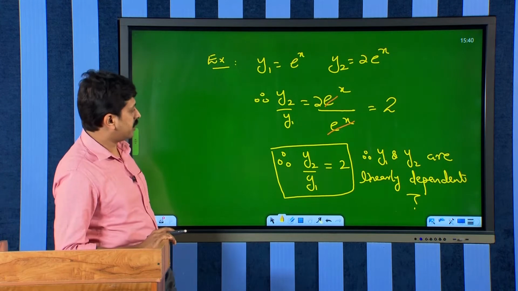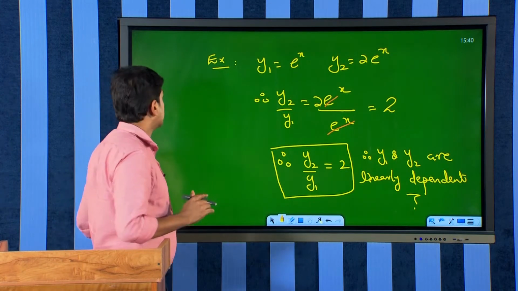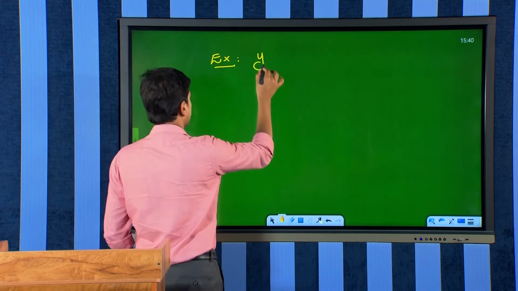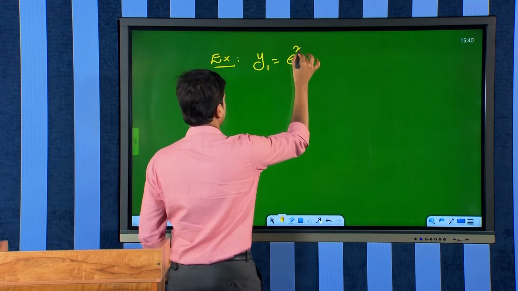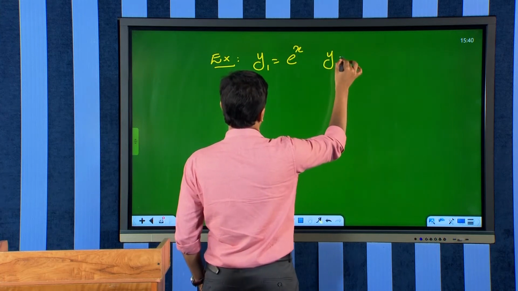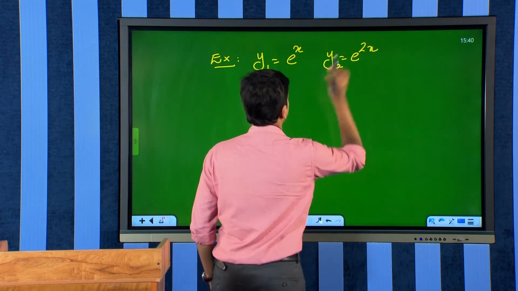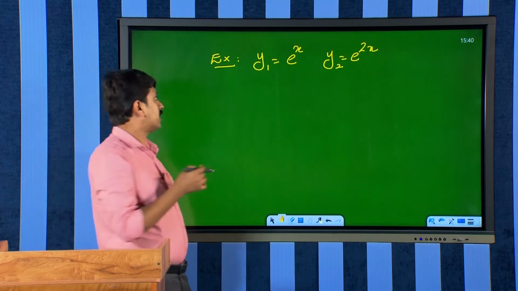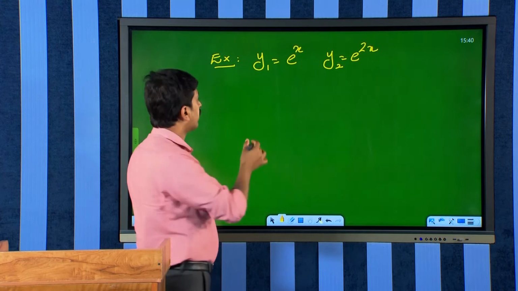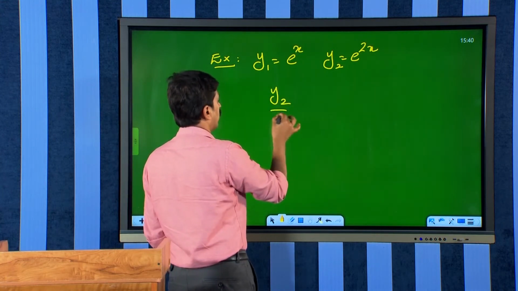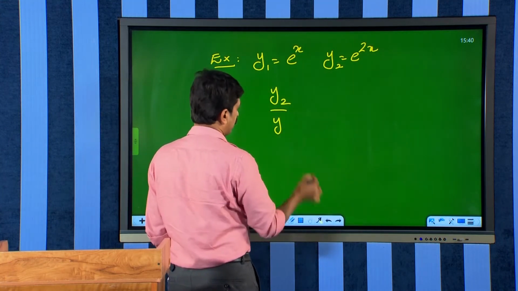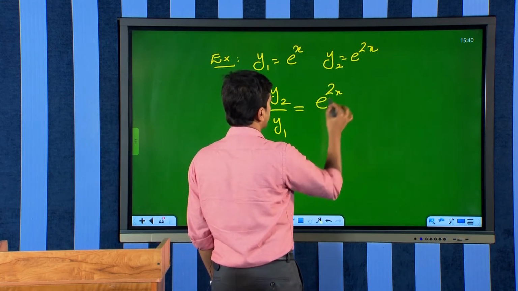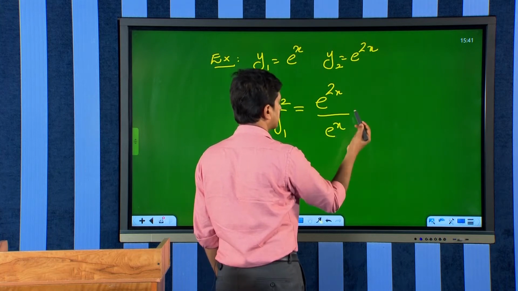Okay, moving to the next example, we say y1 is equal to e raised to x, y2 is equal to e raised to 2x. Dear students, we can say that y2 divided by y1 is equal to e raised to 2x divided by e raised to x.